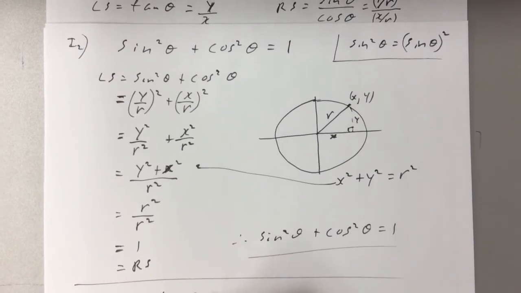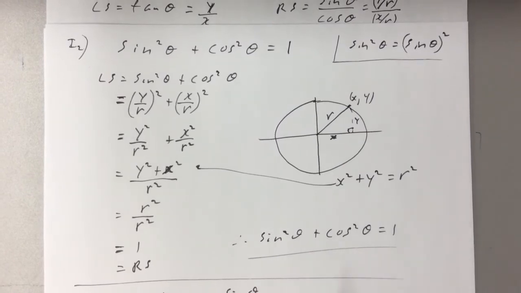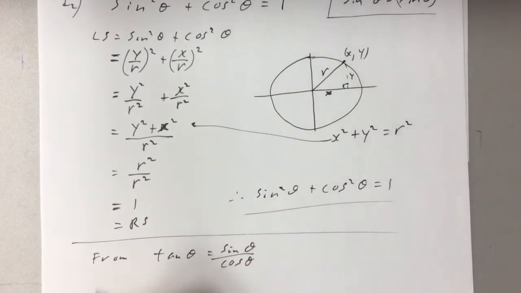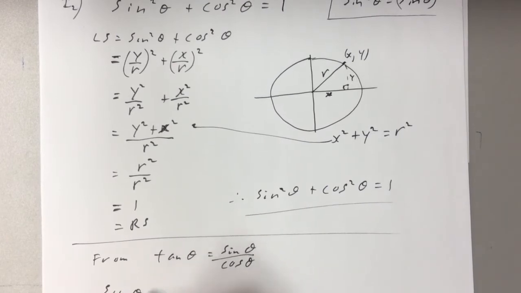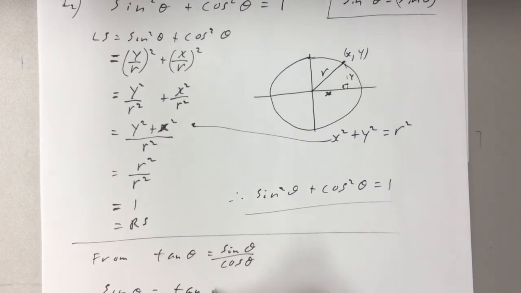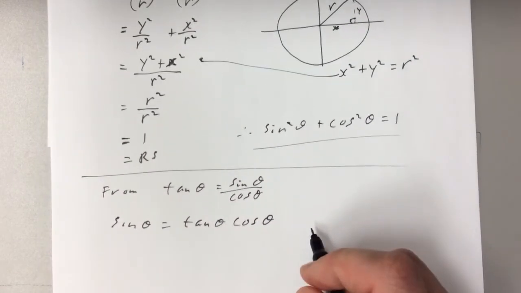From tan theta equals sine theta over cos theta, we get an alternate one where we bring up the cos theta. So sine theta equals tan theta cos theta. So there's one.